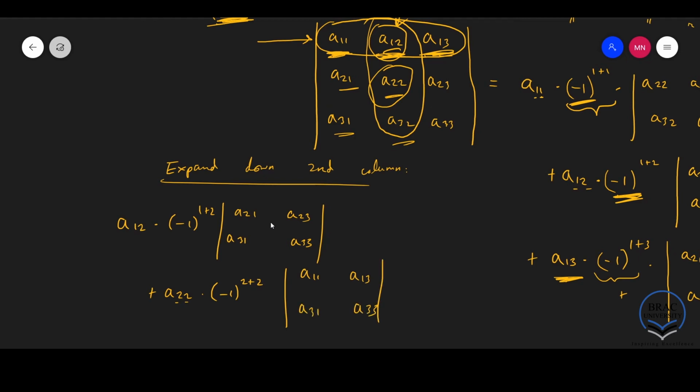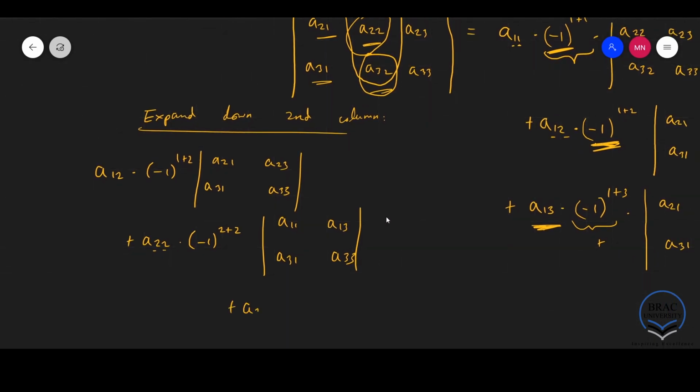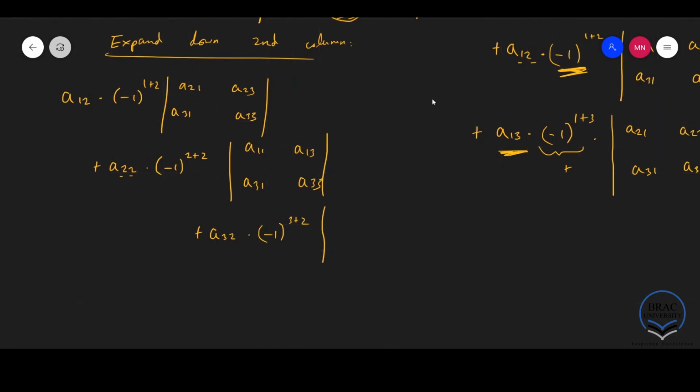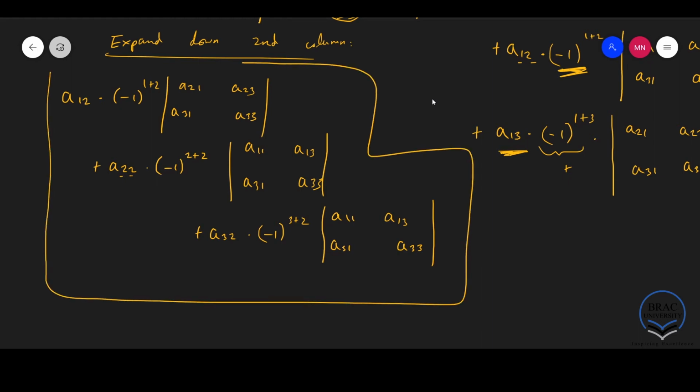And then finally, for the final entry, I will have plus A32 times -1 to the power of 3 plus 2 times the determinant with entries A11, A13, A31, and A33. So in this case, we expanded down the second column to get this, and we just have these determinants of 2 by 2 matrices, which we can evaluate very easily.